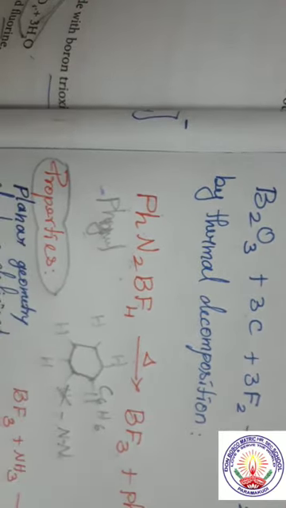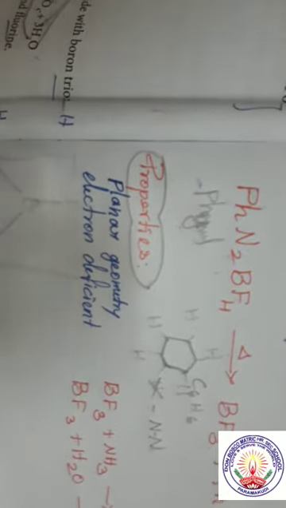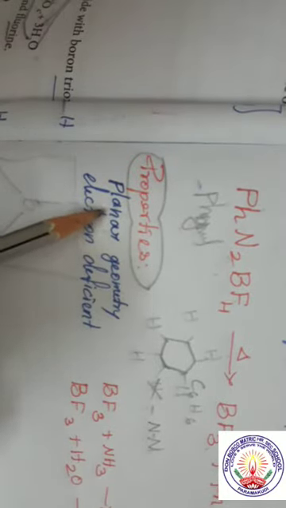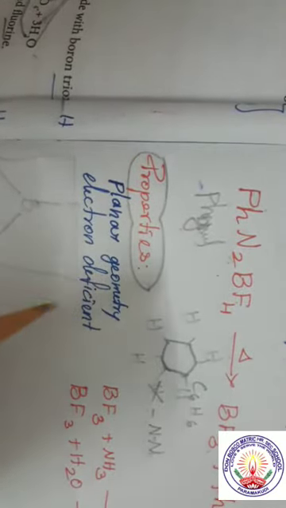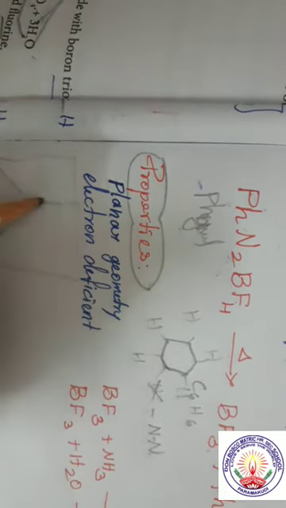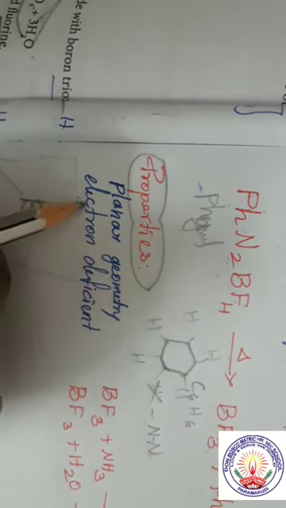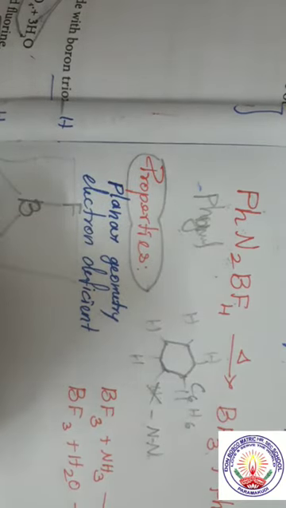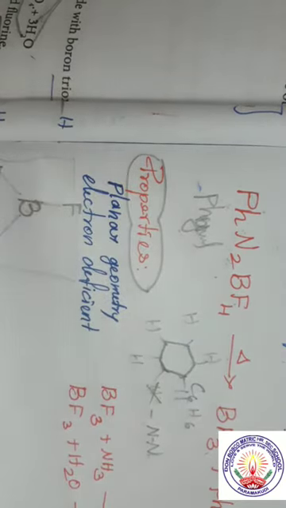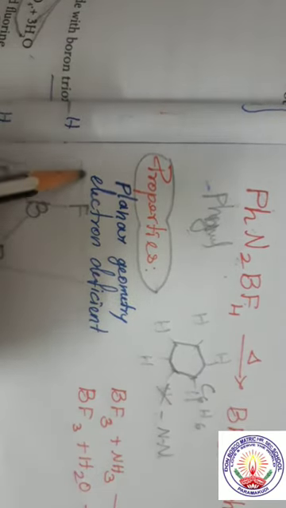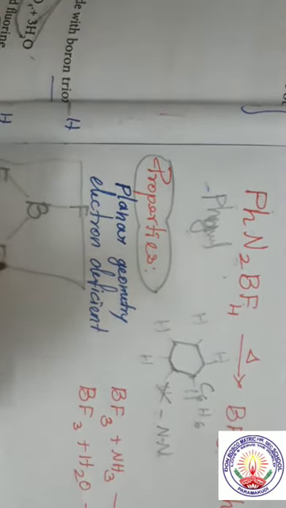Next is properties. This has planar geometry. Look at the structure of boron trifluoride, see, all these are in the same plane.